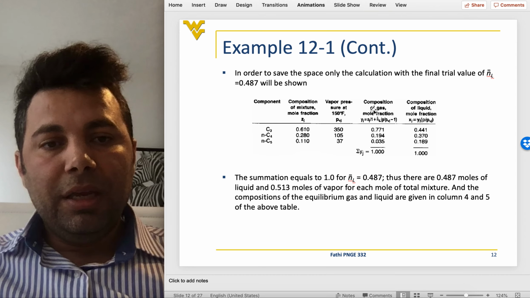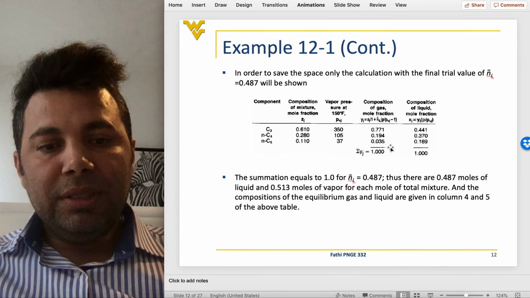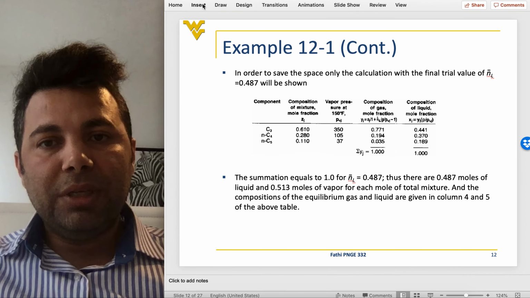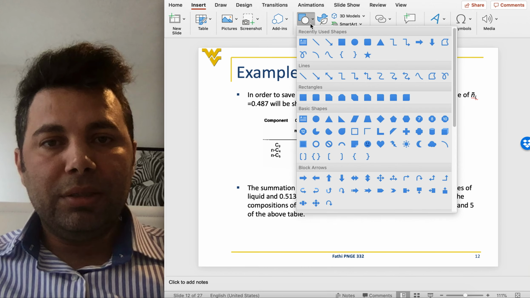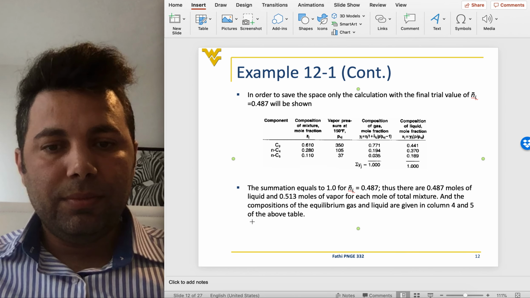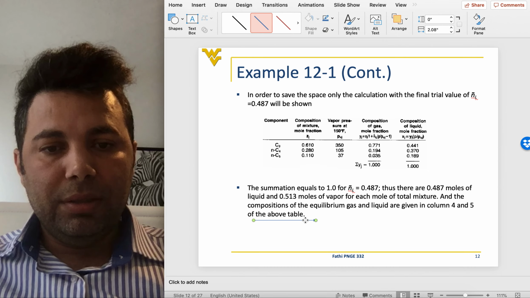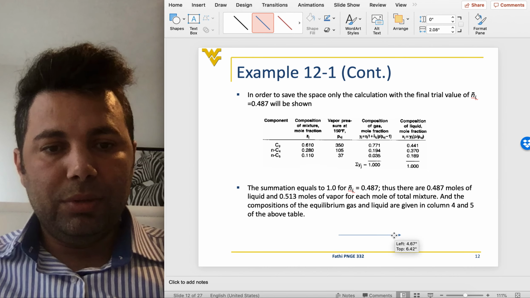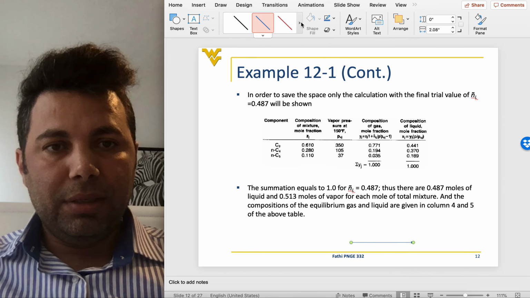So again, if you go back to our previous lectures, you will see if I wanted to do this example without using this, what I would do is I could simply plot this.